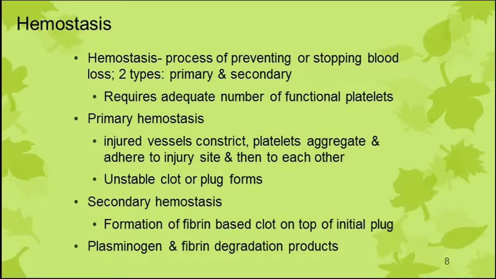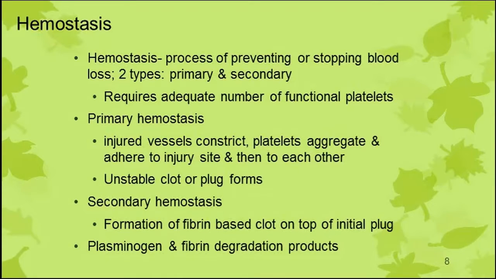We can have circulating platelets, but if they're not functioning properly, then we're not going to have good clotting. So for platelets to function, we've got to have not just a normal number, but they've got to be normal functioning.